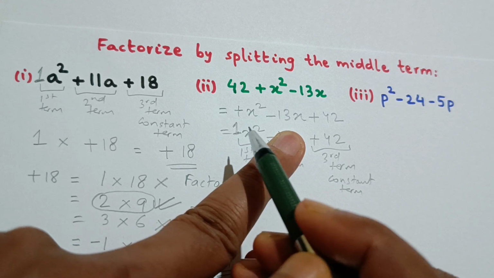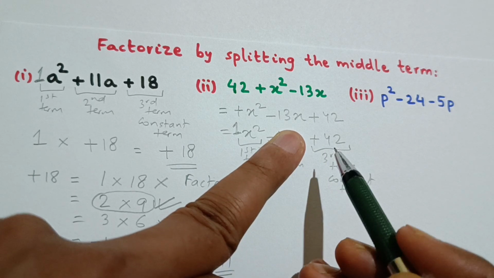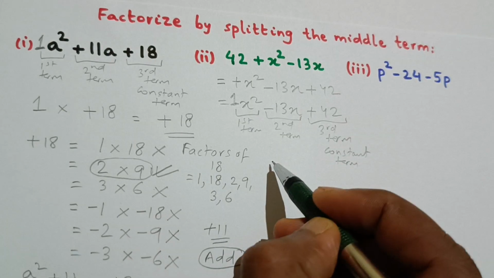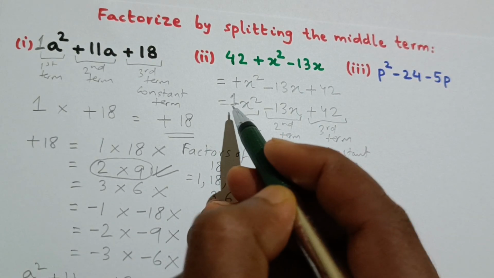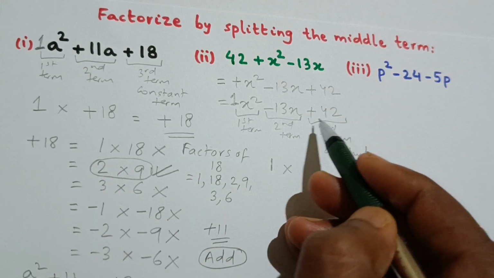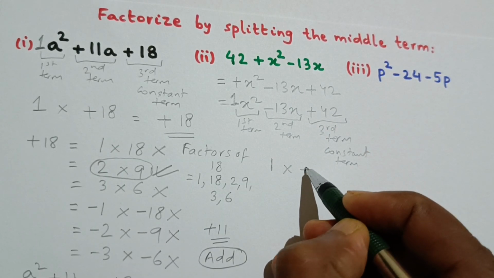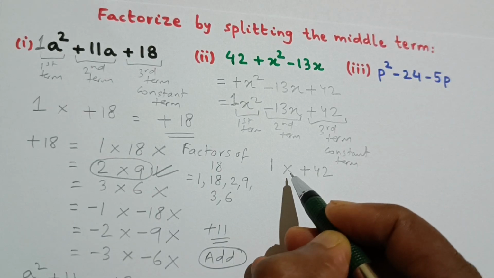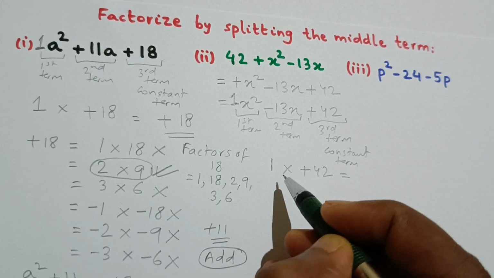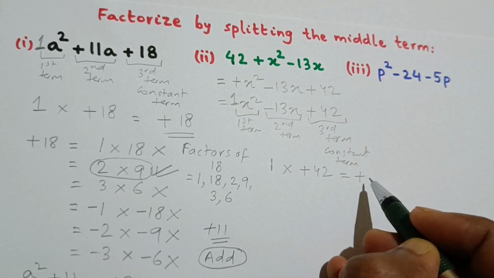So what you do is, you multiply this 1, the coefficient of x square, with this third term, the constant term, which is plus 42. So what is 1 multiplied by plus 42? The sign is plus, and 1 into 42 is 42.